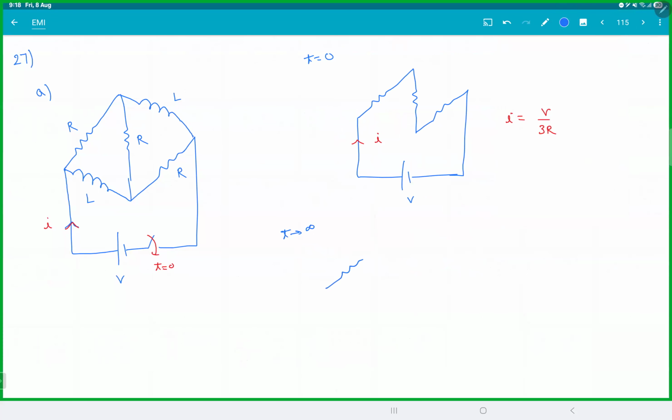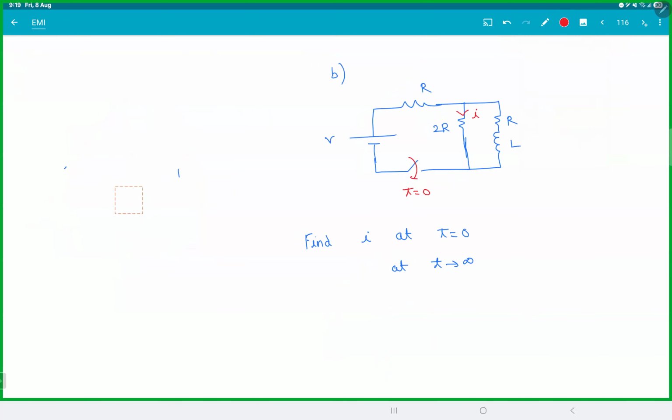At T infinity, they'll become wires. They'll become parallel. V becomes R by 3. So current actually becomes 9 times.